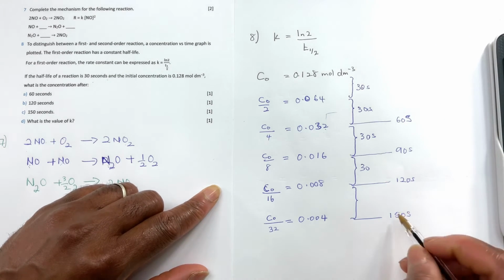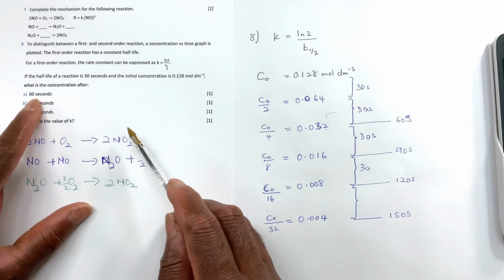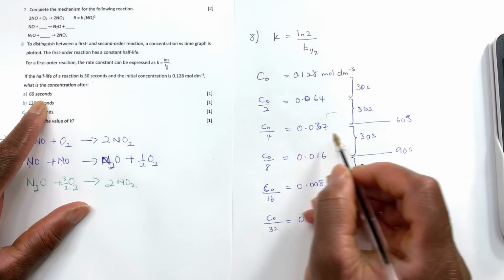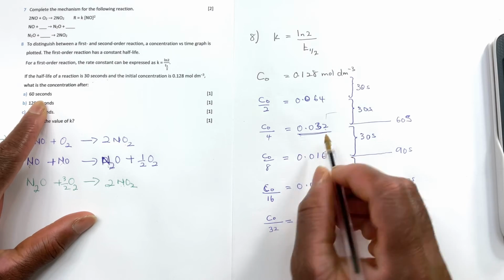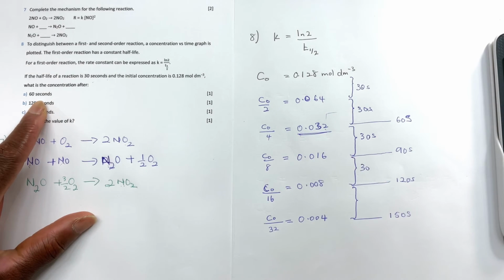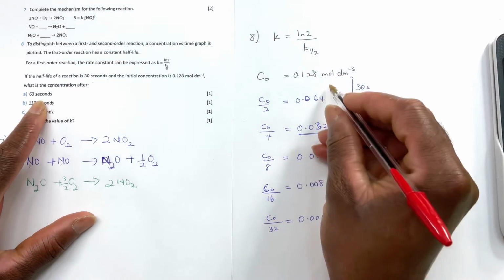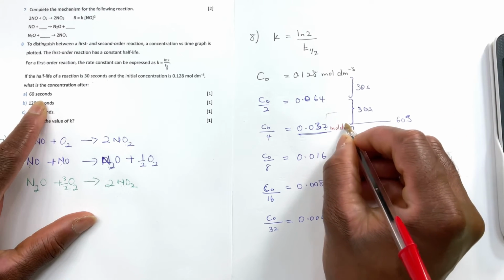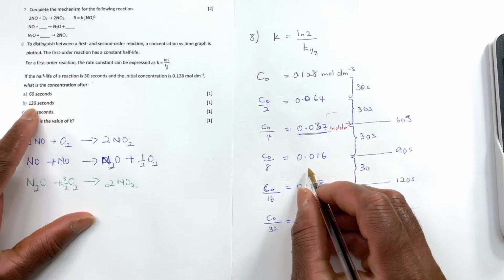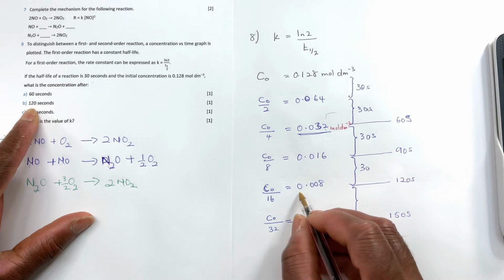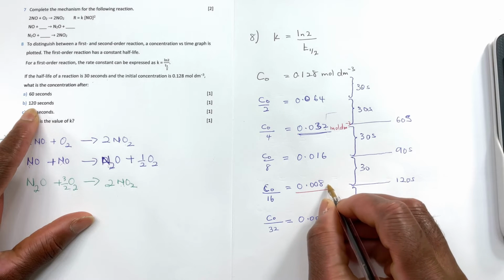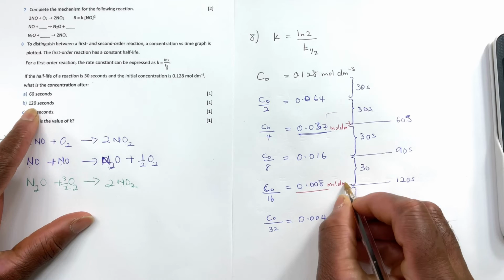So the answer to the questions here: when it's 60 seconds, it's 0.032 moles per decimeter cube. And when it's 120 seconds, it's 0.008 mole per decimeter cube.